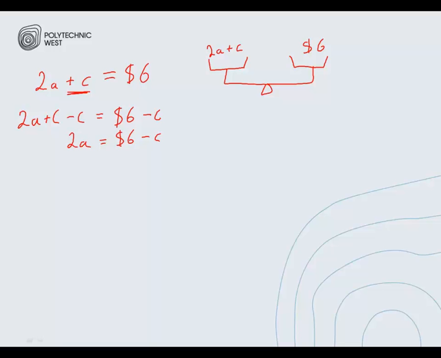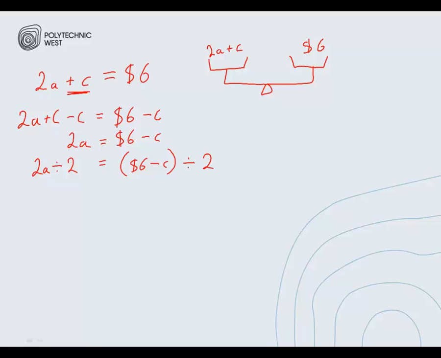Now what I want to do is get the A all by itself. I've got a 2 over there, and the 2 is multiplying, so I'm going to divide. 2 apples divided by 2 equals, now I need to do that to all of this, $6 minus a carrot divided by 2.